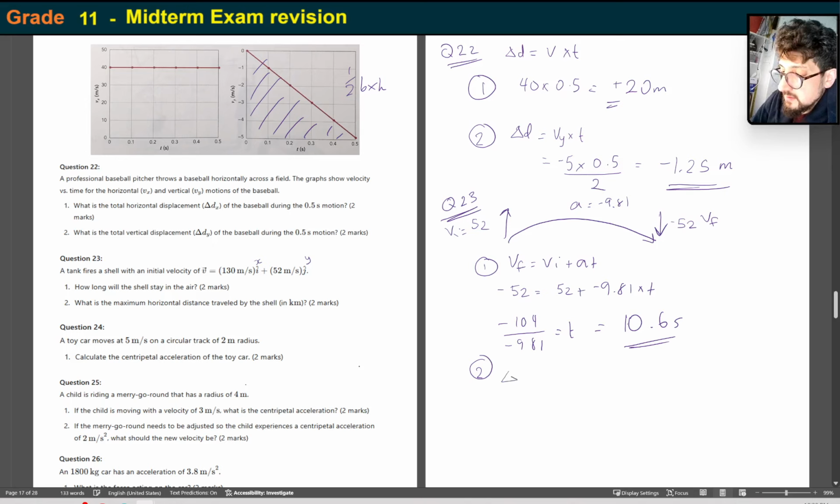So once again, delta D is equal to velocity multiplied by time, which is going to equal 130 multiplied by 10.6, which is 1,378 meters, or 1.4 kilometers. Okay, that's how you do that.